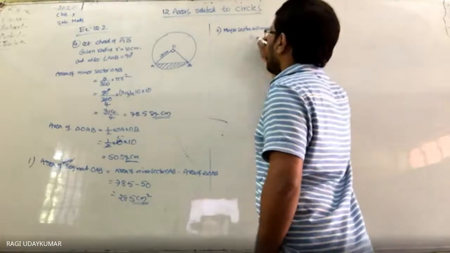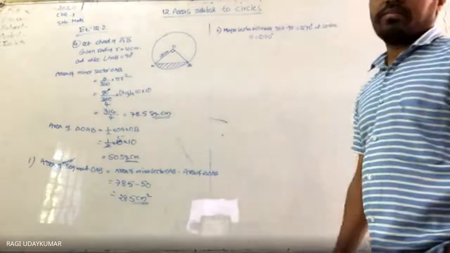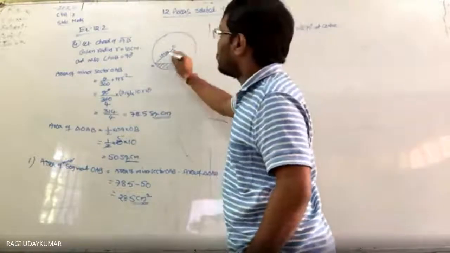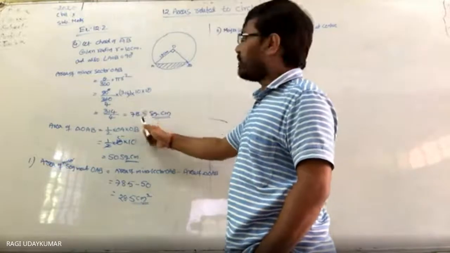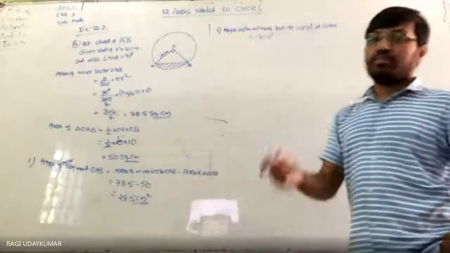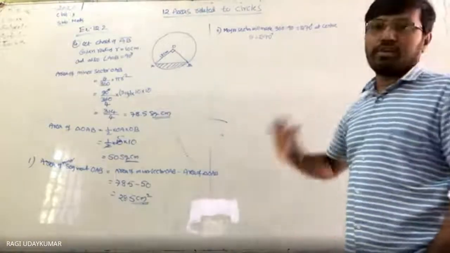So therefore theta is equal to 270 degrees. Or you can do the problem: from the complete area of the circle, subtract the area of the minor sector, 78.5. So both ways you can do the problem. It's not mandatory that you need to use the formula only for this.